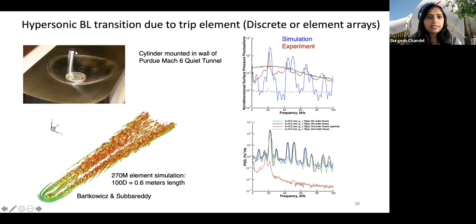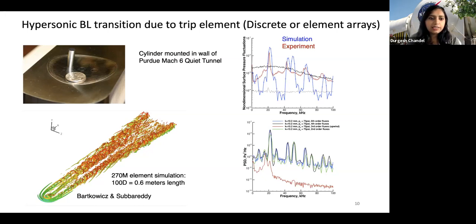There is this cylindrical element mounted in the wall of the Purdue Mach 6 tunnel. The coin here is just for scale, so it's a very small cylinder. Then experiments were performed, the data was available, so the numerical methods and fluxes were developed.